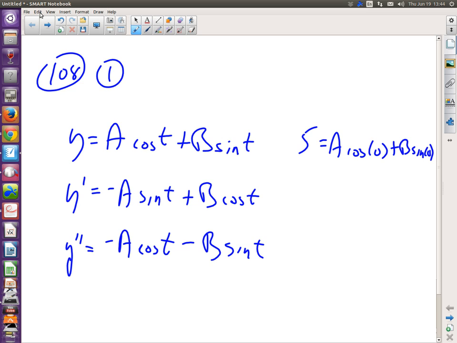And the second initial condition is y prime of 0 is 0. So y prime is 0 when t is 0.